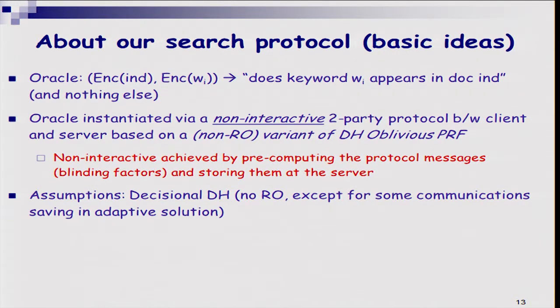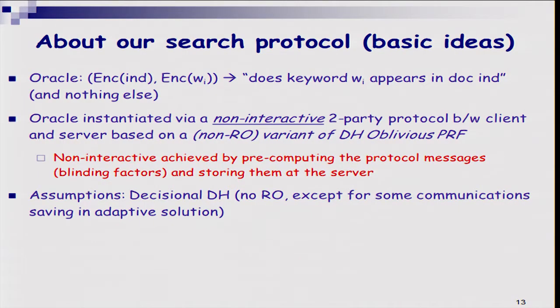This is very important for performance. And the actual implementation uses a variant of the Diffie-Hellman oblivious PRF, for those that know that. Interestingly, we don't use random oracles, so in that sense it's not really the usual oblivious PRF, which does use random oracle. And the non-interactivity of the protocol uses a technique where some of the underlying protocol is interactive, but you de-interactivize it by storing some of the messages of the protocol during pre-processing, some blinding factors.